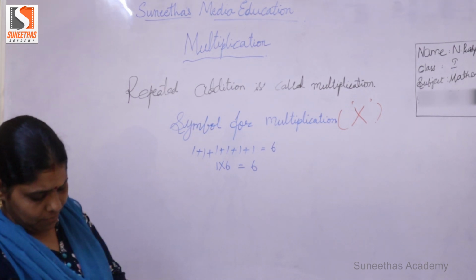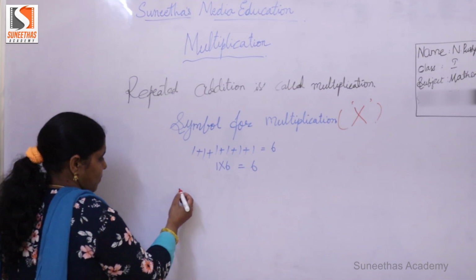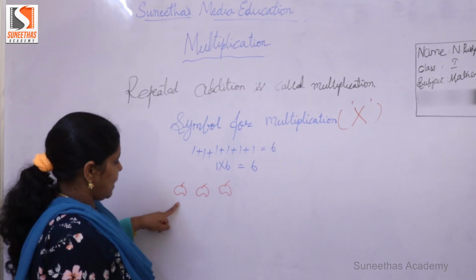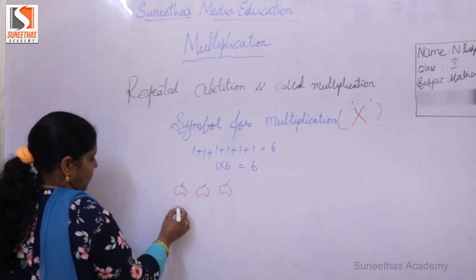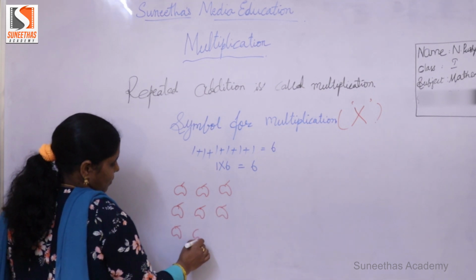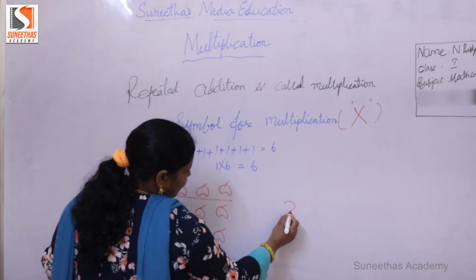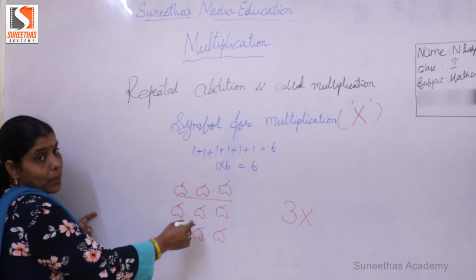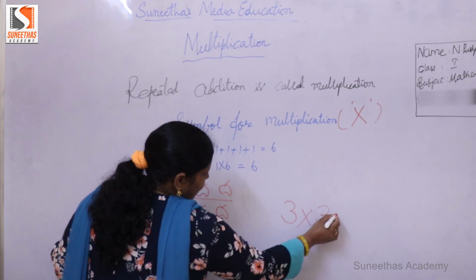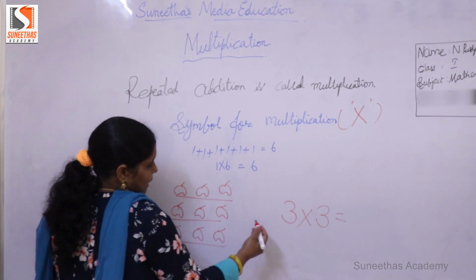Okay children, in the same way, if I have taken apples: 1 apple, 2 apples, 3 apples. Here in one row I have 3 apples. See children, how many groups? 1, 2, 3 groups. 3 into 3. 1, 2, 3, 4, 5, 6, 7, 8, 9.